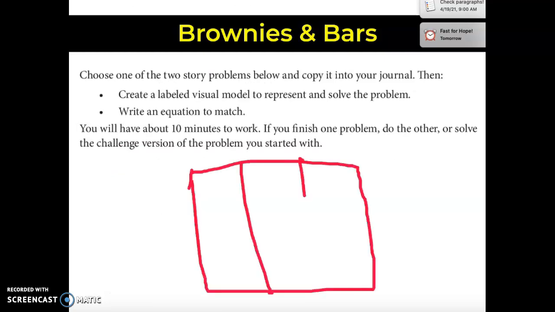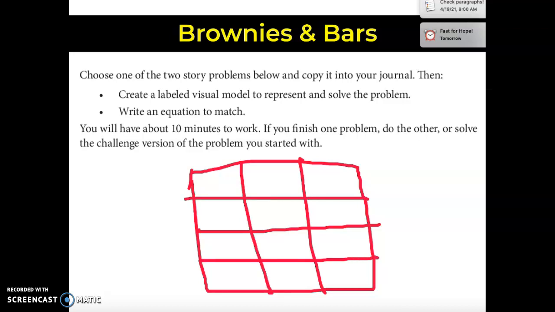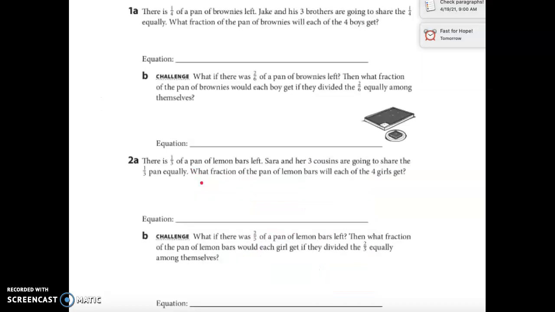They're starting with 1/3 of a pan this time, and then they're sharing that 1/3 among 4 people. So this was the 1/3 we had left, and they're each going to get just 1 piece of what was left. So they would each get 1, and I see that's out of 12 total pieces. So 1/3 divided by 4 equals 1/12.